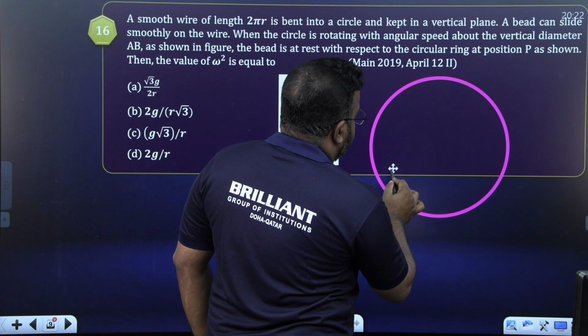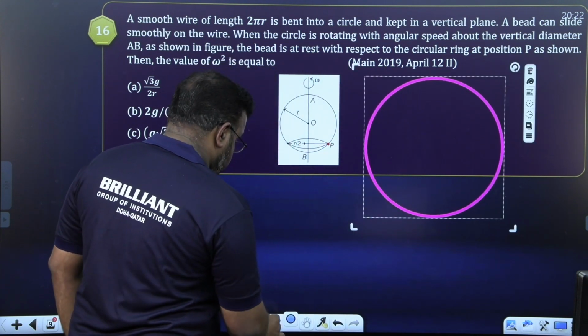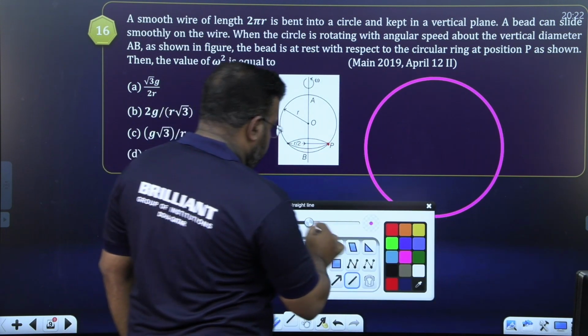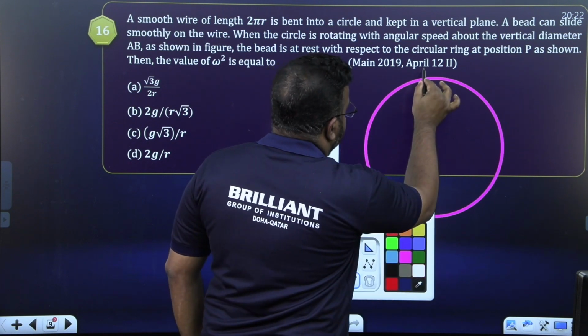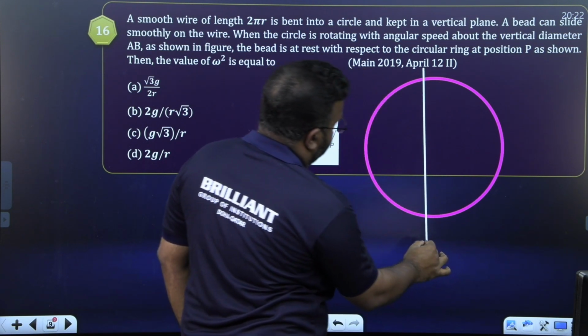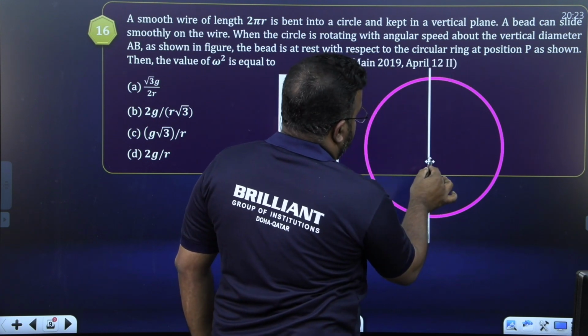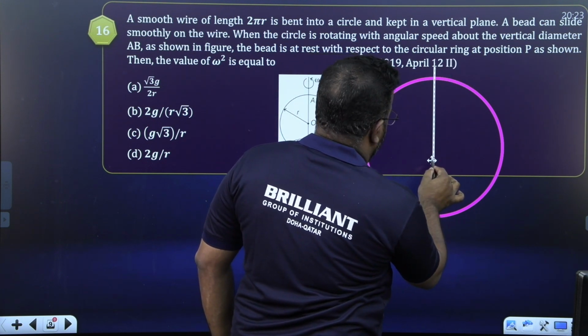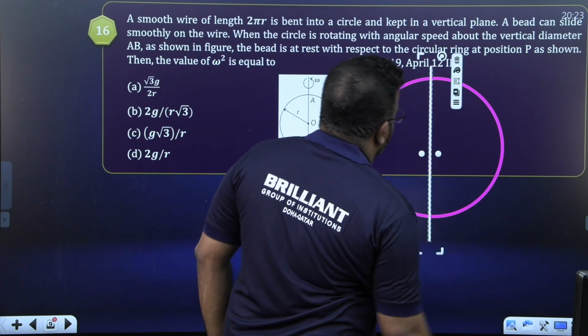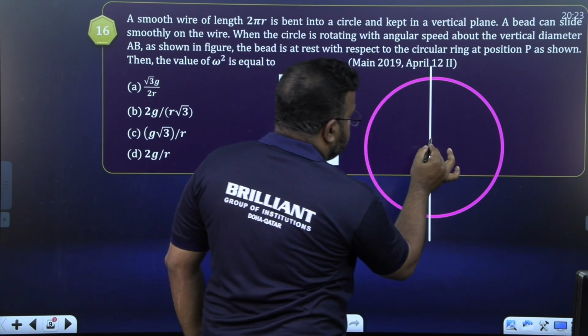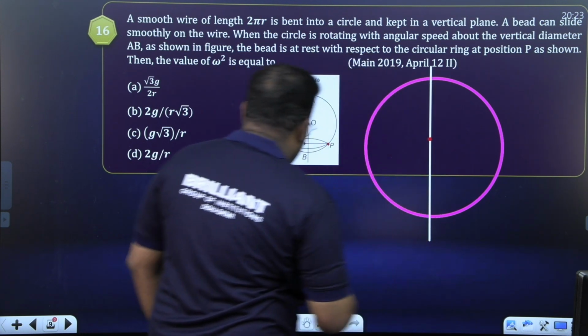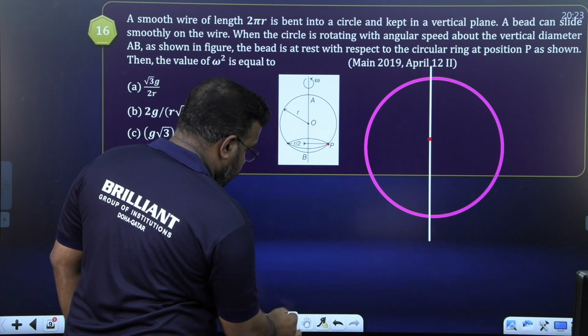Look at this. So let it be the circle, and through the middle there is a line. Yeah, it is at the midpoint, so I'm just marking this as the center of the circle. And there is one more horizontal circle shown in the diagram.